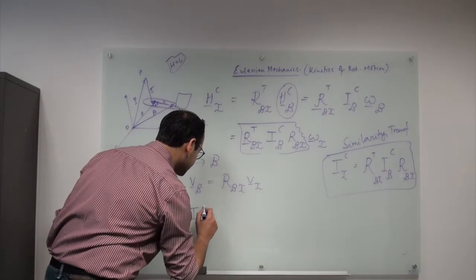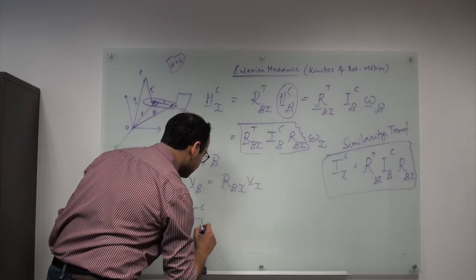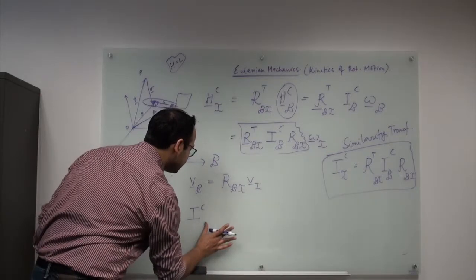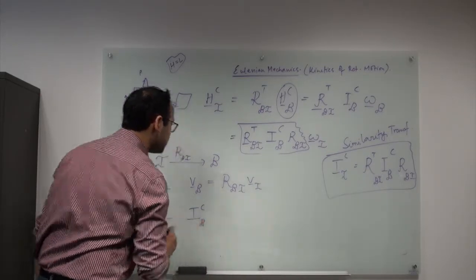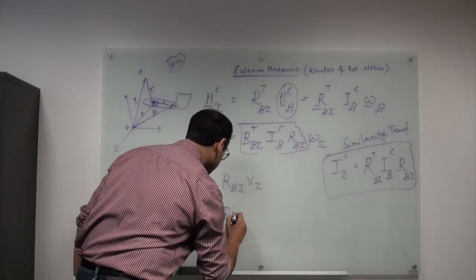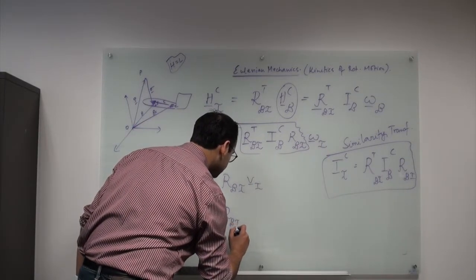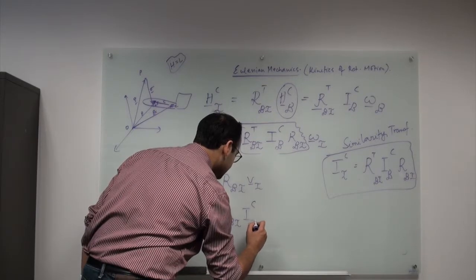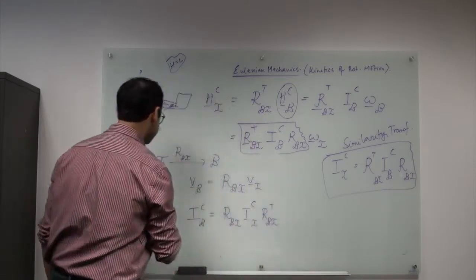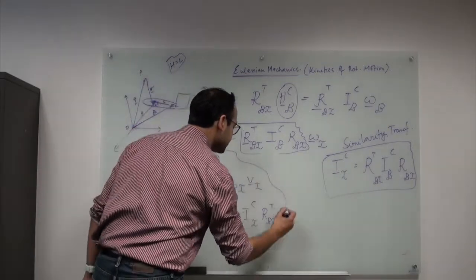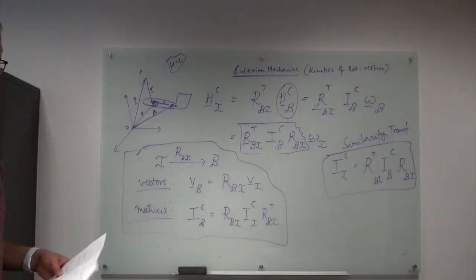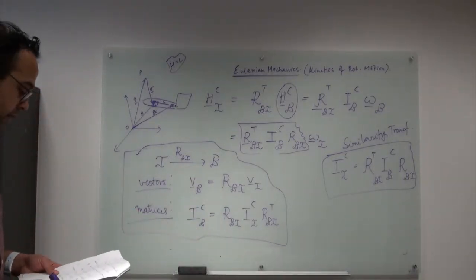So we just got an example for I. Let's do the same. If you start from I and you have to go to B, then that relationship would flip. You'd get RBI, ICI, RBI transpose. This is a vector transformation, and this is the matrix transformation from I to B. Okay.